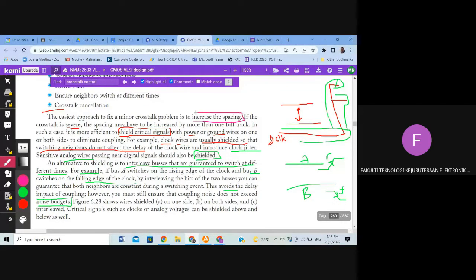If that is not able to solve the problem due to severe crosstalk, we do the next step, shield critical signals. We also have another method: interleaving the buses, whereby we make sure that signals A and B are not switching at the same time. They switch at different times, one during the rising edge and one during the falling edge, and then we can put the buses together. This is what we call interleaving buses.